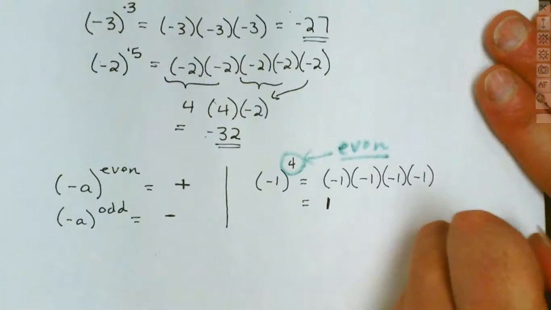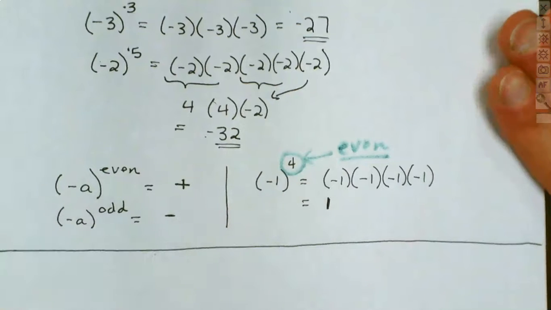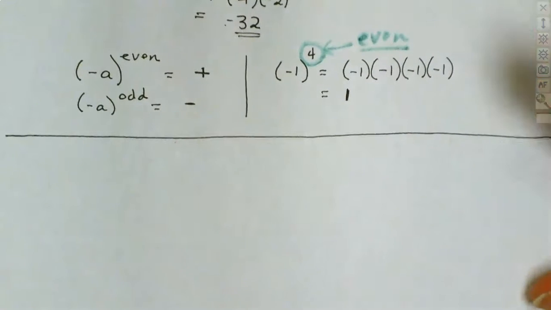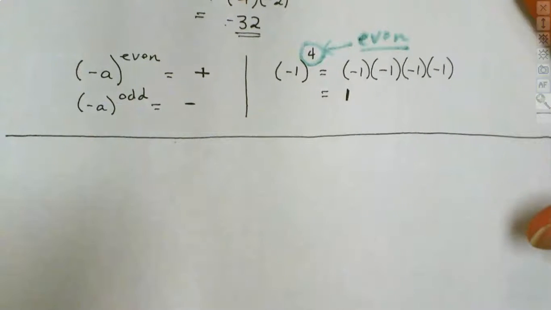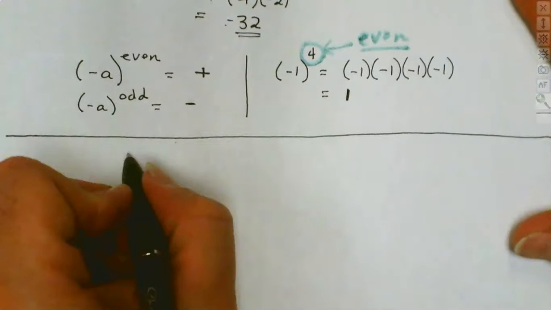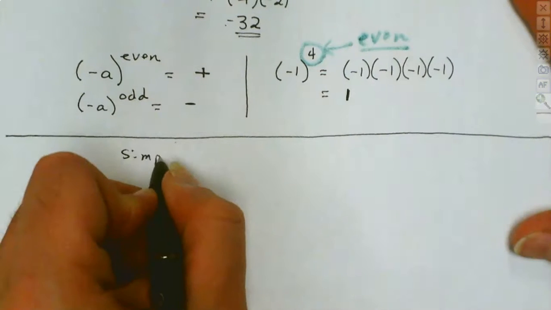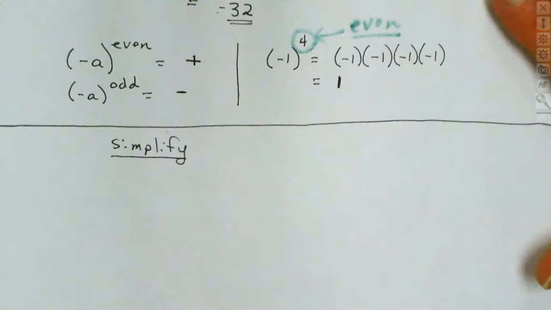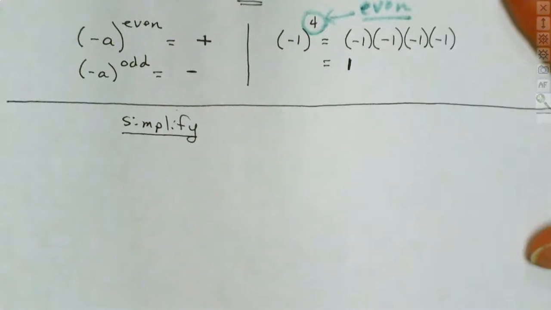Now let's combine everything that we've learned so far together. So this is going to kind of put all of the rules that we've learned all together. And we're going to try and simplify. So let's try to simplify this expression.